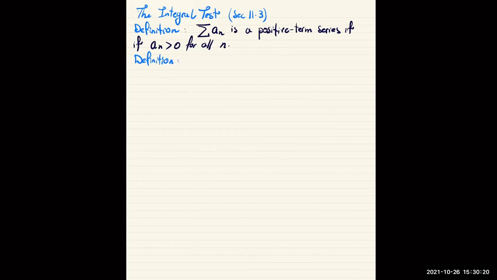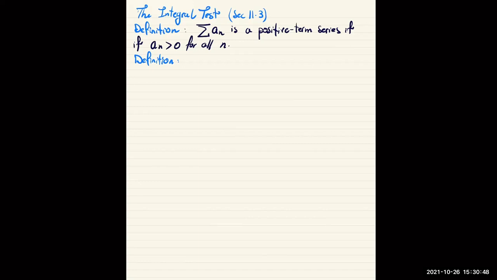And then we have what's called an eventually positive term series. Eventually means that at some point the series becomes positive and remains always positive. We want that because when we are dealing with series, n goes to infinity, so we don't care what happens with n equal to 1, 2, 3.